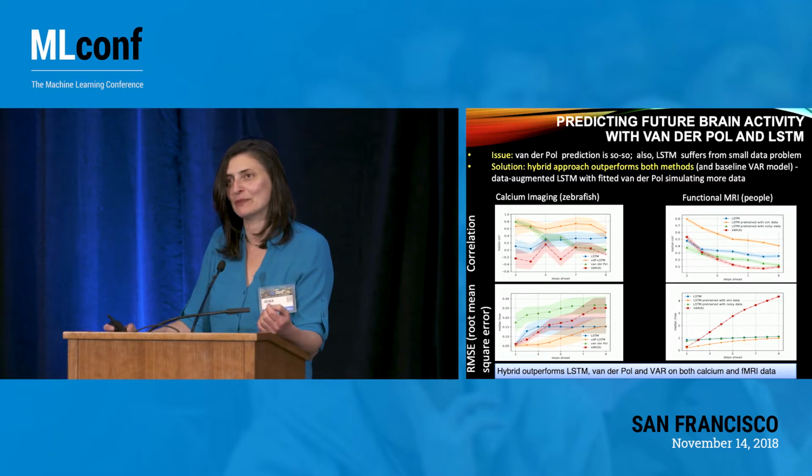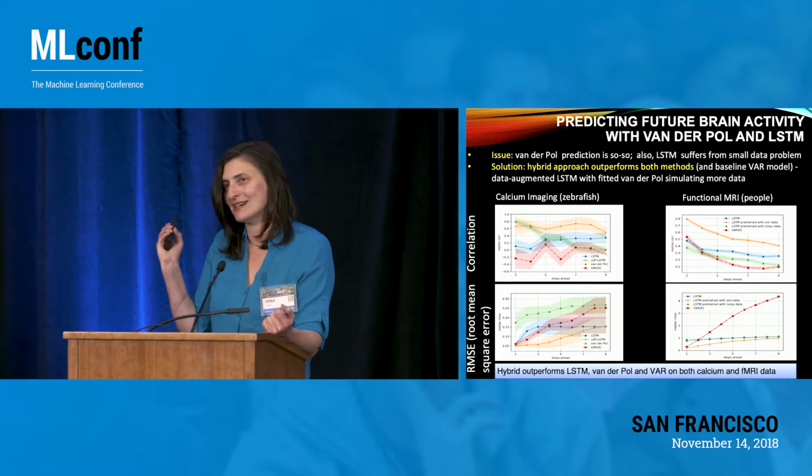Whenever you have multiple interacting variables, there is some hidden and observed activity, you could try to use this model. We unfortunately didn't see immediately that it predicted well, but we also tried the generic recurrent nets like LSTM and different flavors of them. At first, they didn't predict well either because, as I mentioned, the data were small.